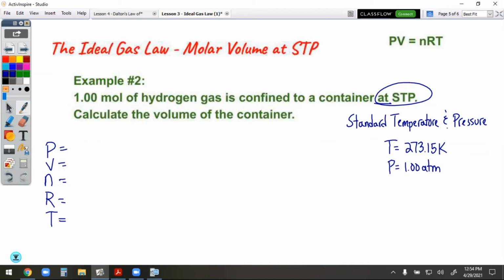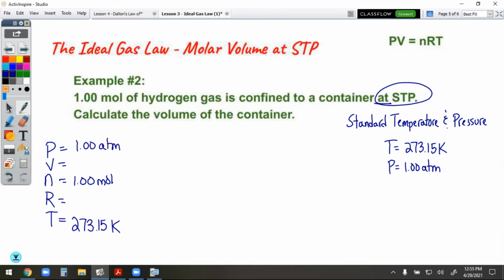In this problem, it tells us that we have 1 mole, exactly 1 mole, of hydrogen gas. So our value for n is going to be 1 mole. And we now know our temperature and pressure terms: 273.15 Kelvin, 1.00 atm.